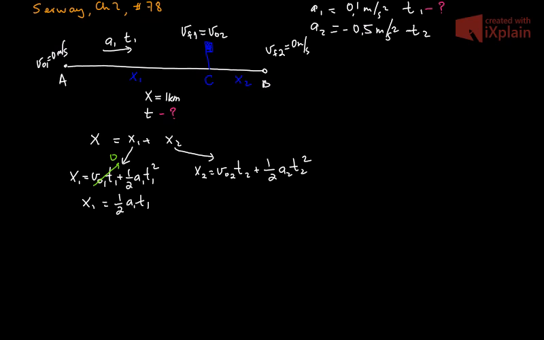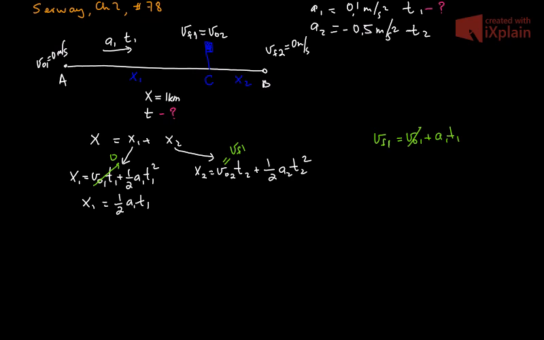Now let's deal with v02. We know that v02 equals v final 1, so I'm going to go on a side and find v final 1. From another kinematics equation, v final 1 equals v initial 1 plus a1 t1.